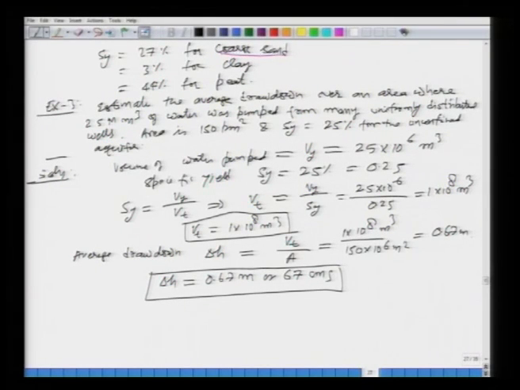The next thing we are going to look at is the concept of the different types of aquifers. We had very briefly said that there are mainly two types, confined and unconfined aquifers.